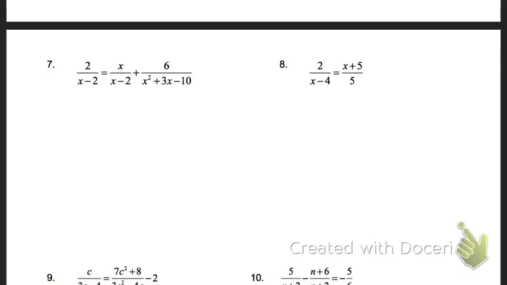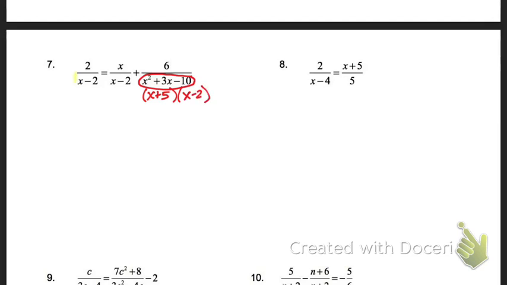So number 7, you see this denominator with x squared plus 3x minus 10. What do I need to do with that first? I need to factor it. And what does that get factored to? X plus 5, x minus 2.